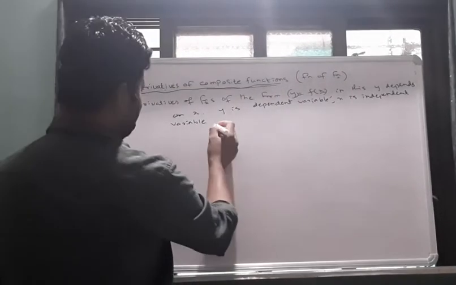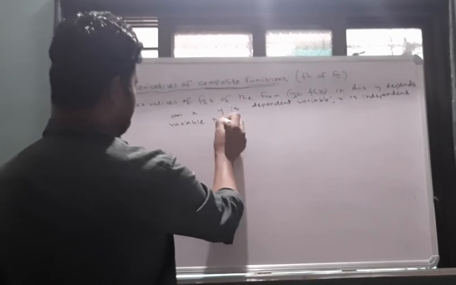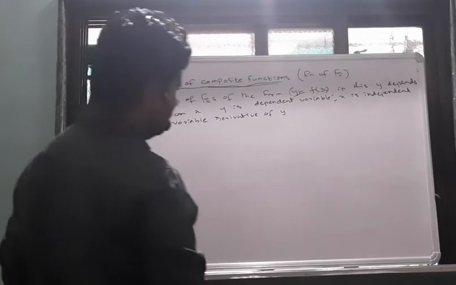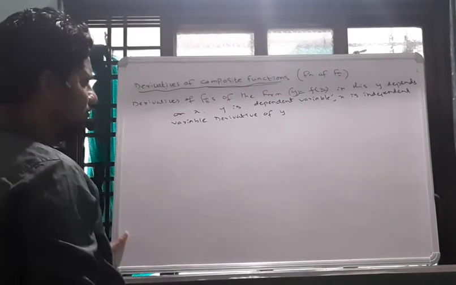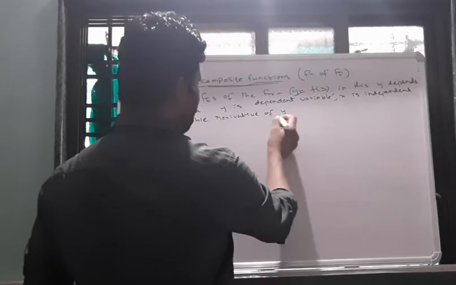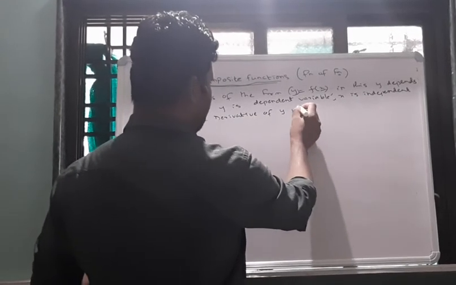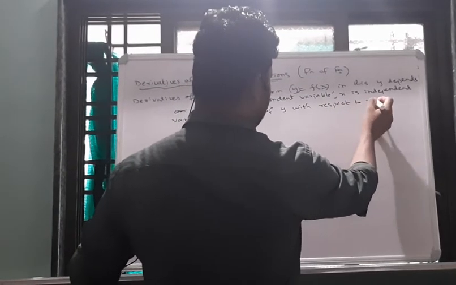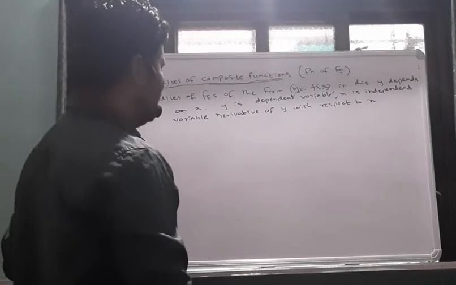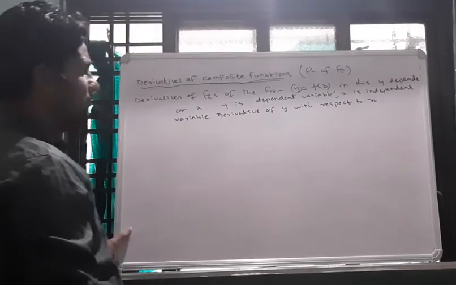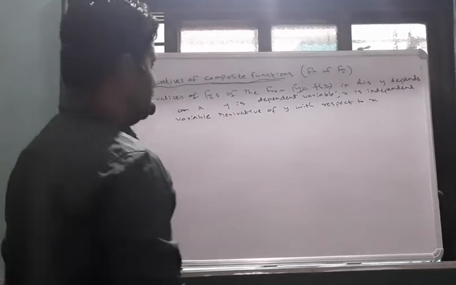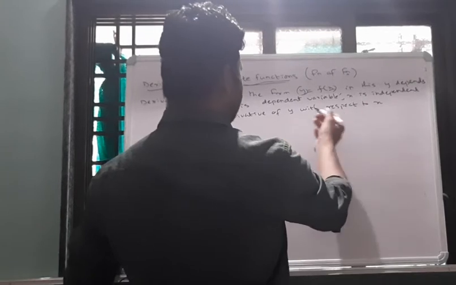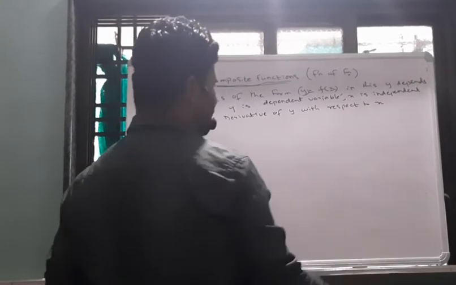So the derivative of y is nothing but the small change in y. That means derivative of y with respect to x. Because y is the dependent variable, we have to find the change in y with respect to x, and the change should be very small.